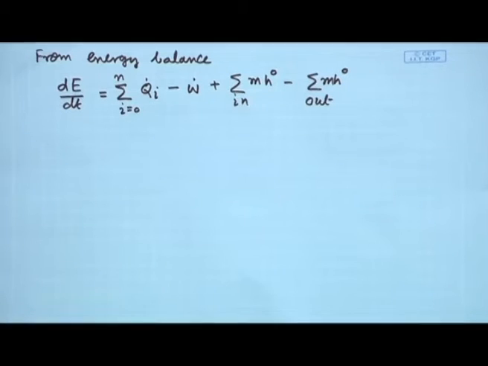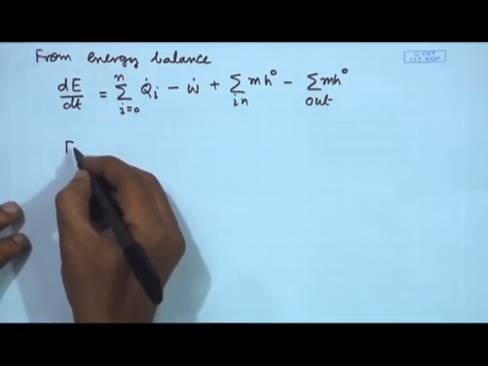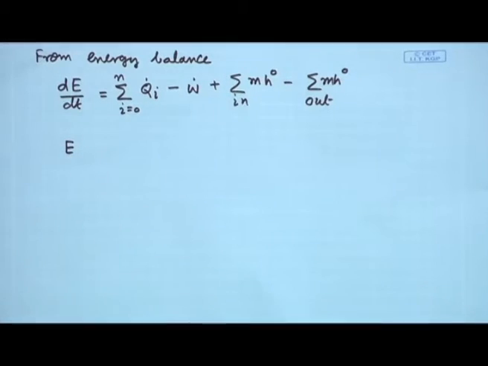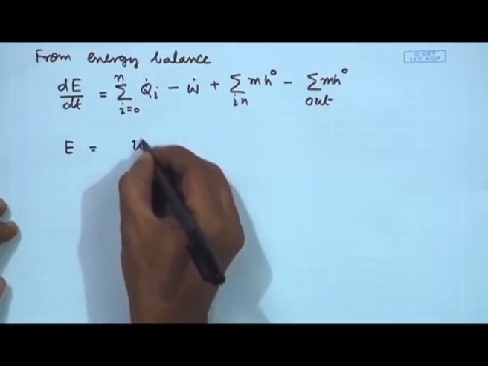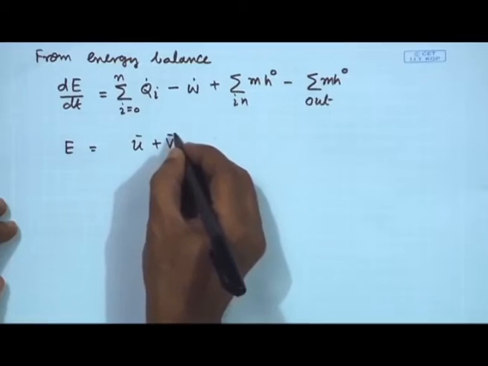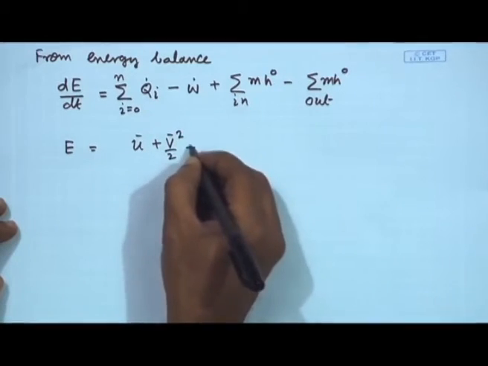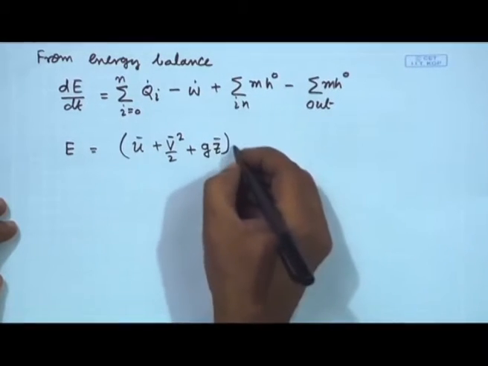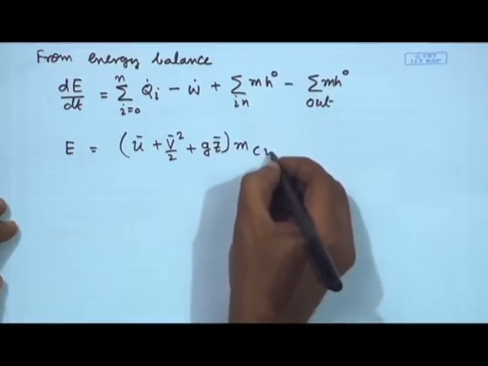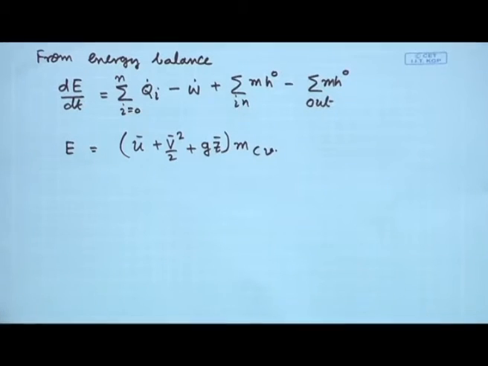E denotes the energy within the control volume. So, E is equal to U plus V square by 2 plus g z, into the mass of the control volume. This is our E, the energy storage term within the control volume.